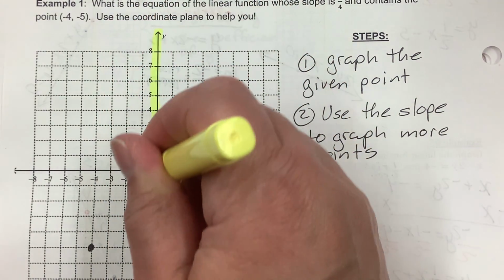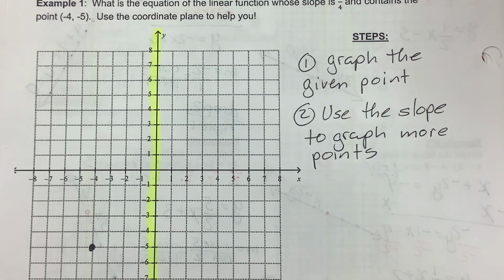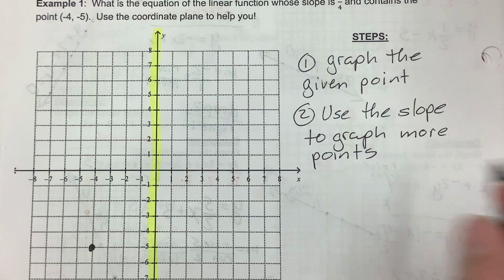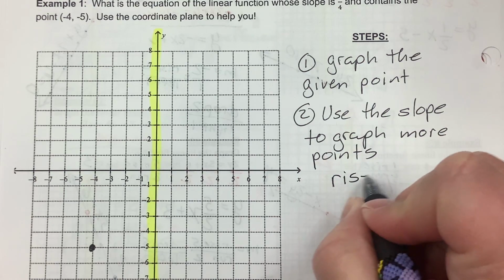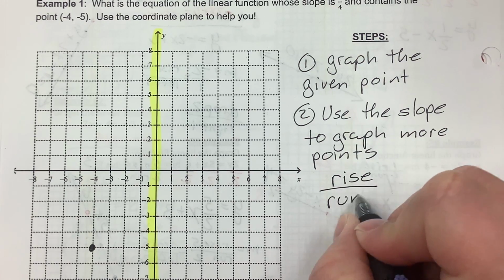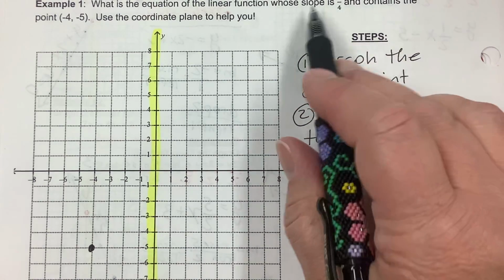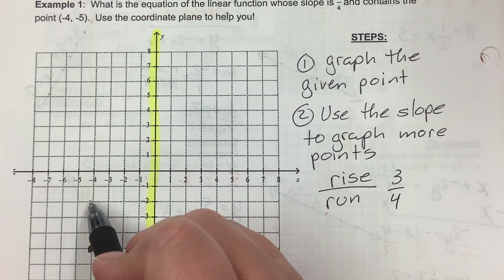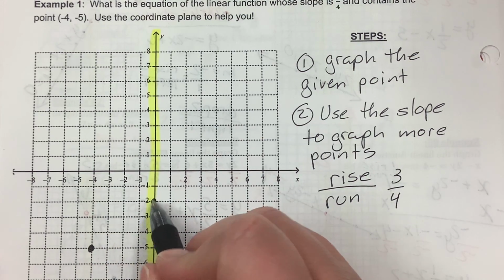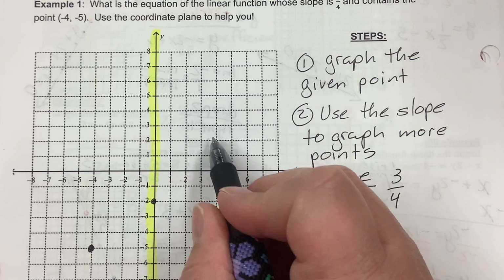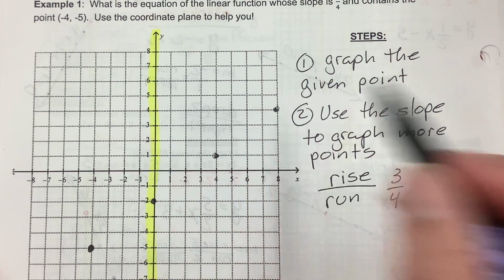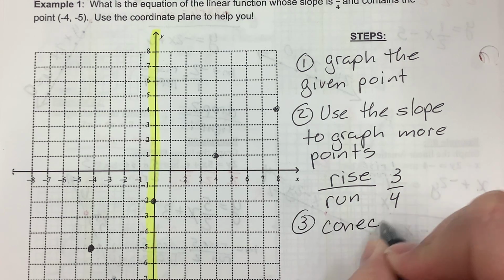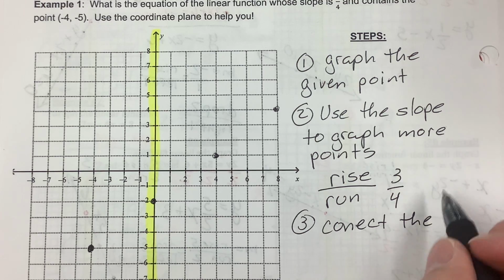So 3/4. Rise over run. In this case, rise 3, run 4. Rise 3, run 4. Rise 3, run 4. All right, connect the points.